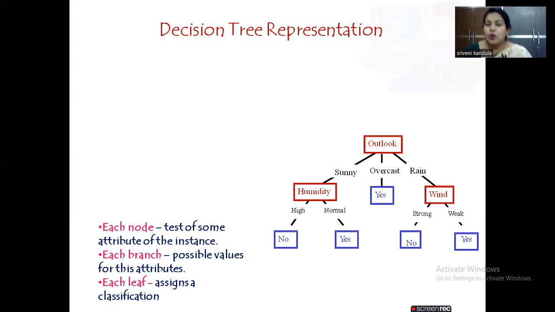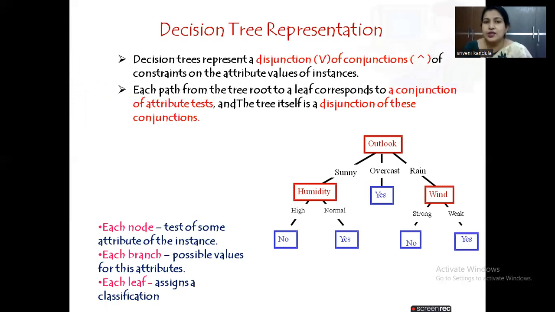Now, the overall decision tree can be represented as a disjunction of conjunctions of the constraints on the attribute values of the instance, with each path from the root to a leaf. So we have expressed this tree as a disjunction of conjunctions. And if you take a particular path, that path can be represented as a conjunction of attribute tests.